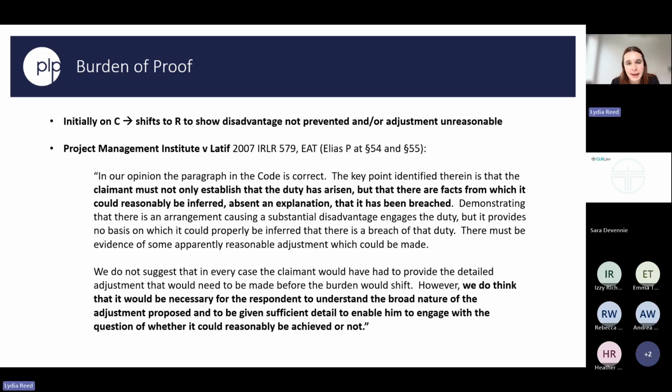On the slide there, I've put the case of Project Management Institute and Latif, and that's an important reminder for us about the burden of proof. It's clarified, and I certainly won't read it out, that the President of the Employment Tribunal, President Elias at the time, explained that the employee is to put forward that adjustment.